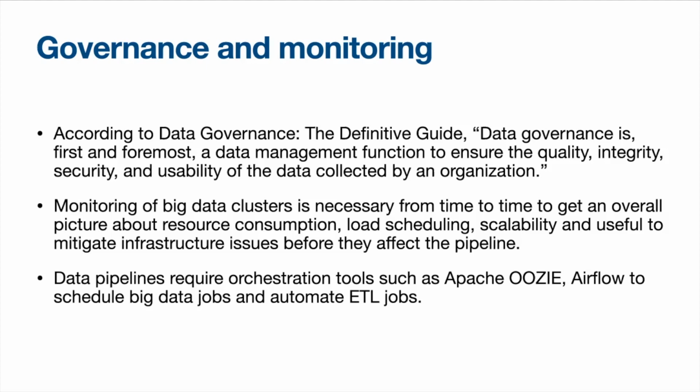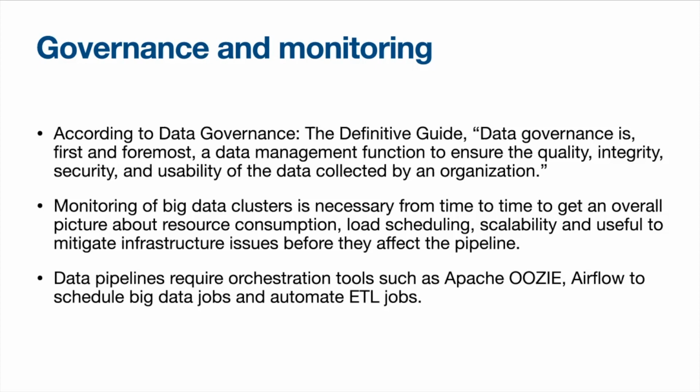For example, you need to have data quality checks. You need to have security so that you don't leak sensitive user information to the public or over the network. And you need to have authorization on who can access the data that you are generating.